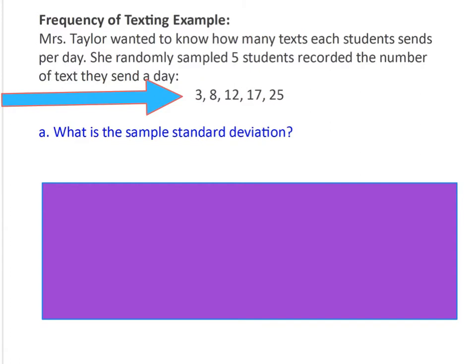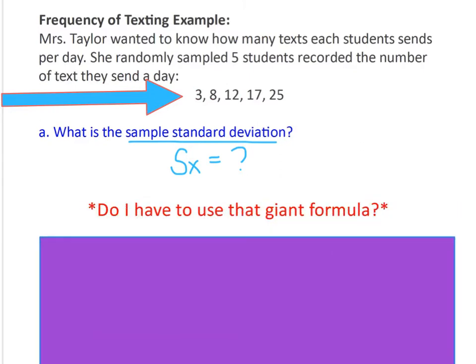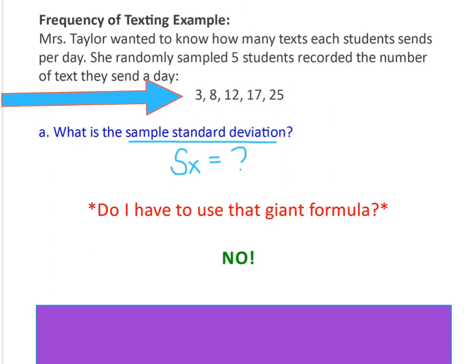Meaning, what is the standard deviation, or what is my SX for these 5 numbers? Well, if we think about ways to find it, do I have to use that giant formula? Do I want to plug all these numbers into that giant formula? No, my calculator can do it for me, and our calculator has actually been giving us the sample standard deviation, or SX, every time we do one var stats.